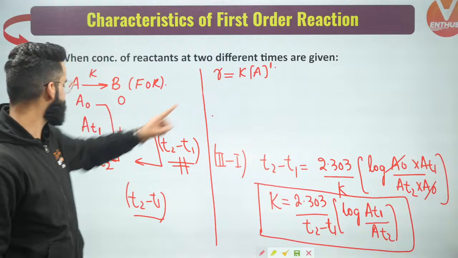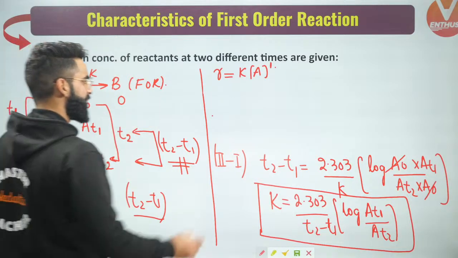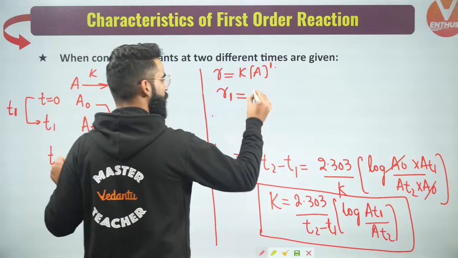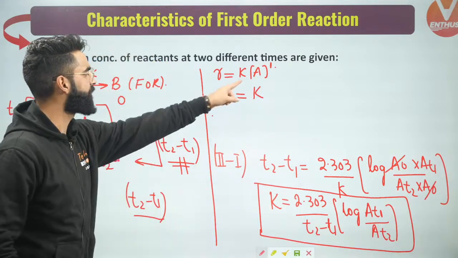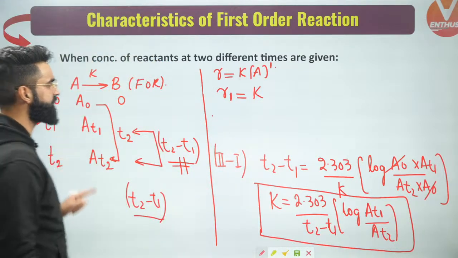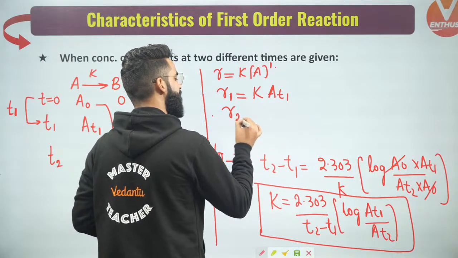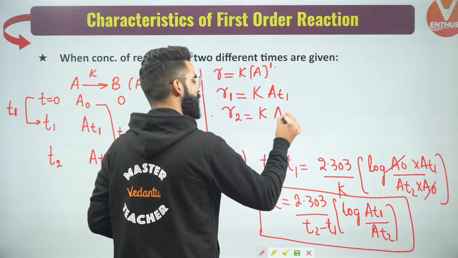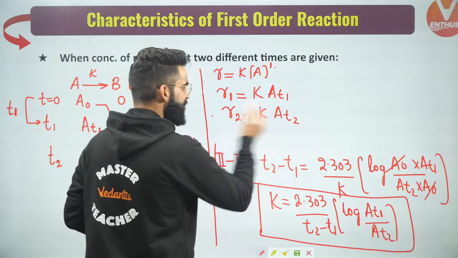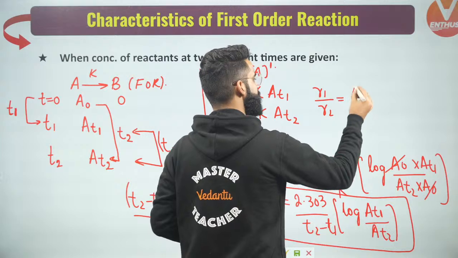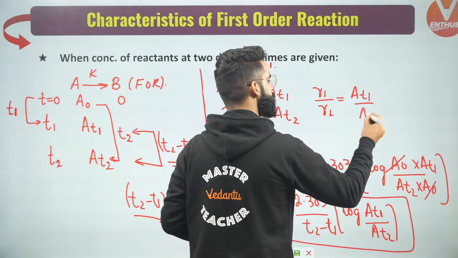If I write this expression at time T1, the rate of reaction, which I'm representing by R1, is equal to K multiplied by concentration of reactant A at time T1, that is AT1. Similarly, the rate of reaction at time T2 is K multiplied by concentration of reactant at time T2. If I divide these two equations, I get R1 divided by R2 is equal to AT1 divided by AT2.